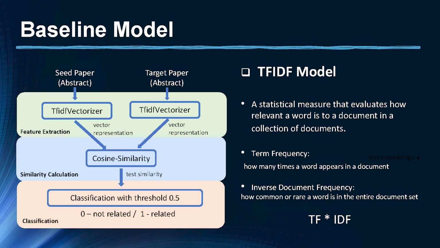The model first converts the abstract of the context paper and the target paper into vector representations using the TF-IDF vectorizer. Then the cosine similarity between the vector representations is calculated, and the threshold of 0.5 is applied on the cosine similarity to determine if the two papers are related. Next, my teammate will talk about our main model.